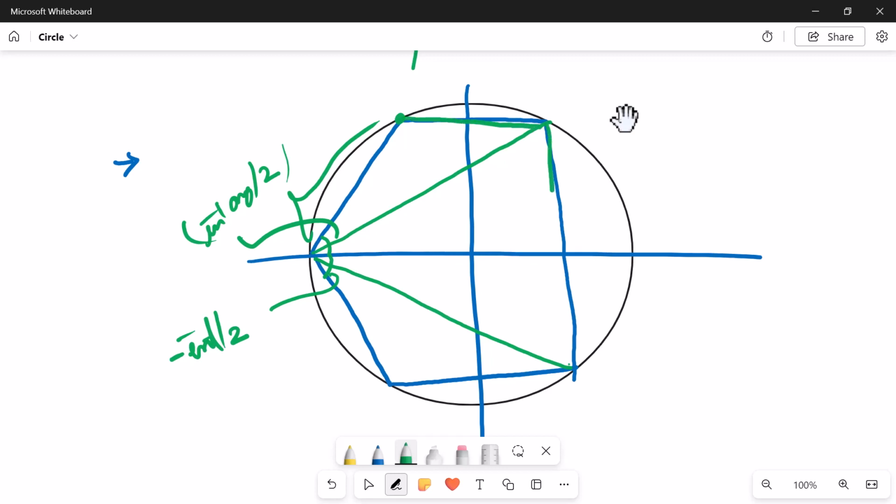All these lines are equal, right? Even these lines are equal, right? So the angle opposite to this line and the angle opposite to this line should also be equal.